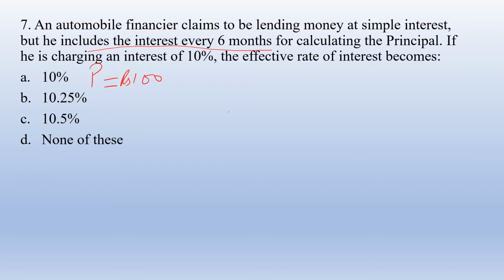So we have to calculate the interest for first 6 months first. Interest for first 6 months, which is equal to I equal to, in the formula for interest, principal multiplied by rate multiplied by time divided by 100.